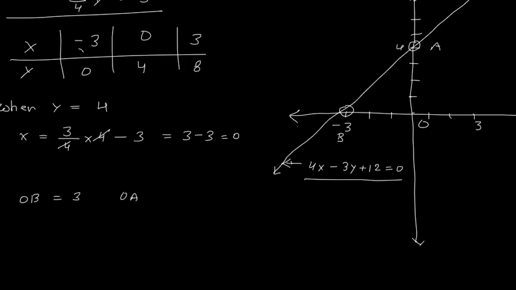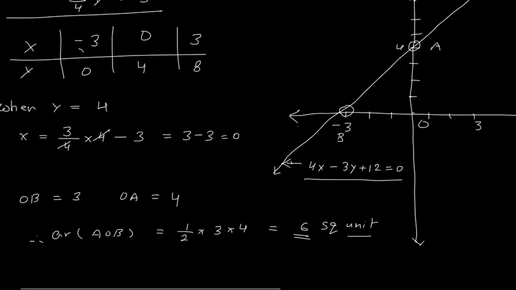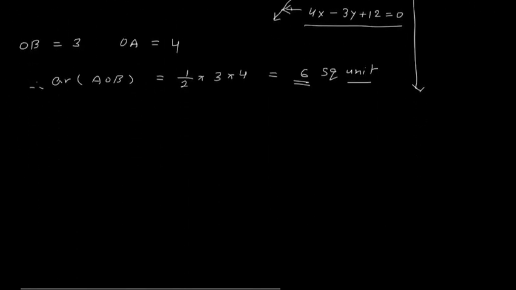Value of OA is 4 unit. So therefore area of triangle AOB is equal to half, and the base is 3 and the height is 4. So that gives you 3 into 2, 6 square unit. 6 square unit is the area of triangle.